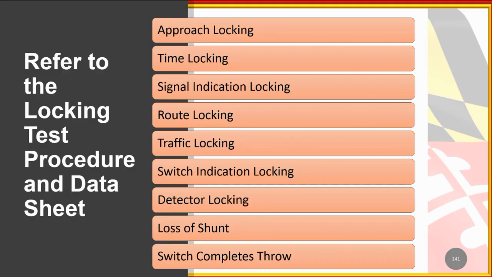Next we have the loss of shunt. Test number 8 is the loss of shunt. The loss of shunt test is performed to verify that if any track circuit within the interlocking is shunted, all switches within the interlocking are electrically locked. Once the shunt is removed, the switches remain locked while the loss of shunt timer runs, and the loss of shunt timer is 5 seconds.